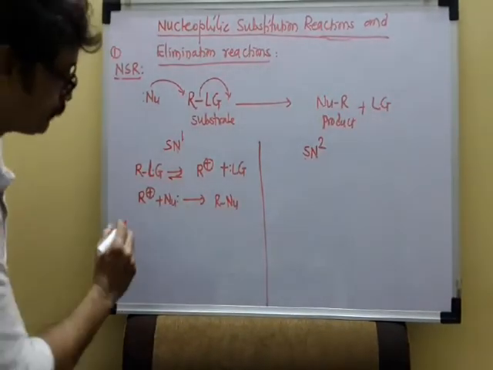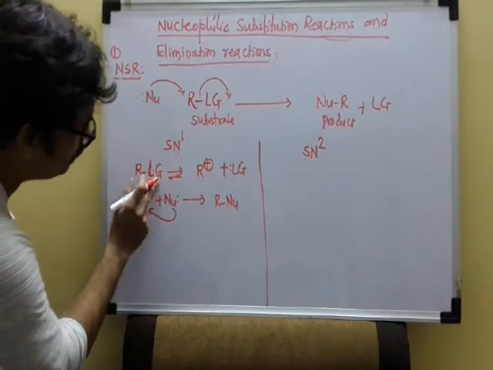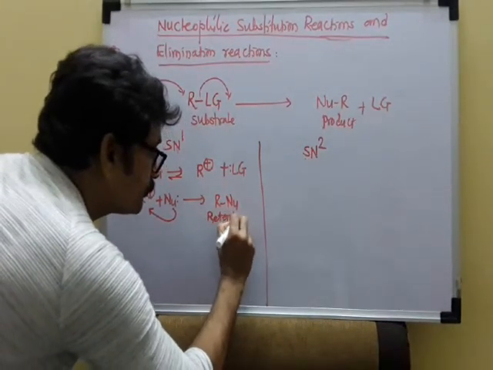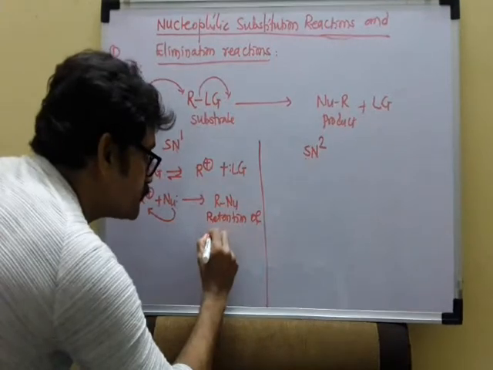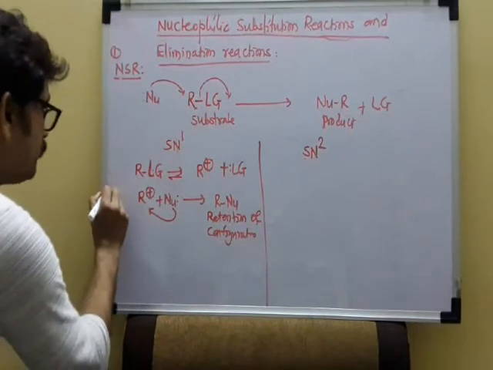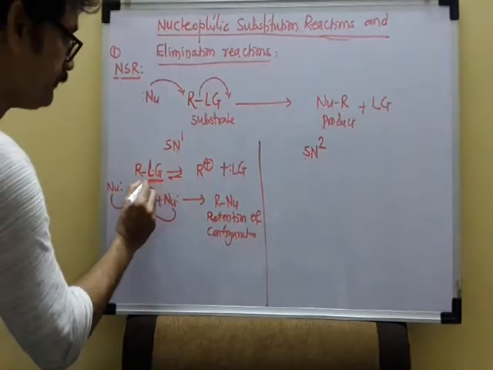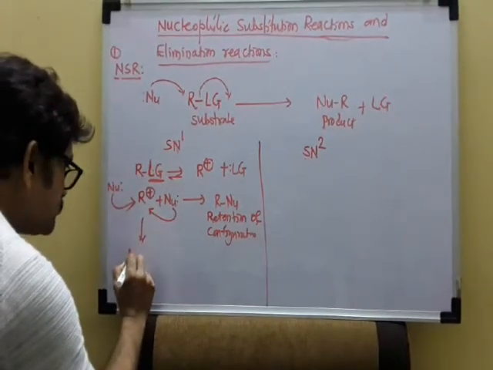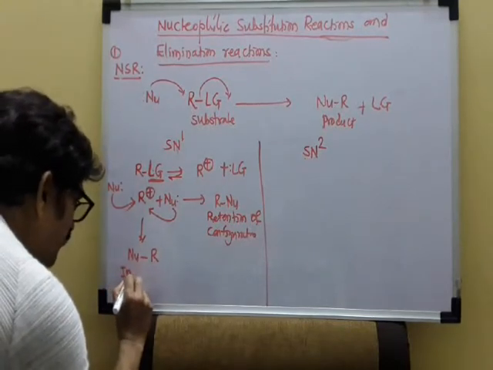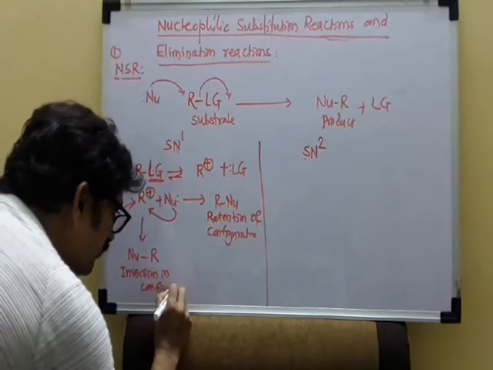I want to add a little stereochemistry. If the nucleophile comes from the same side as the leaving group, there is retention of configuration. If the nucleophile in the second step comes from the opposite side to the leaving group, then it attaches there, and inversion of configuration takes place.